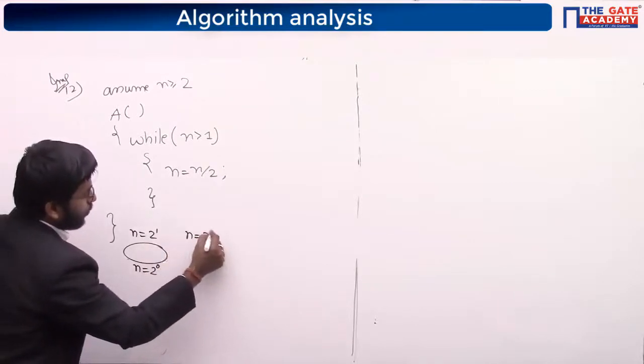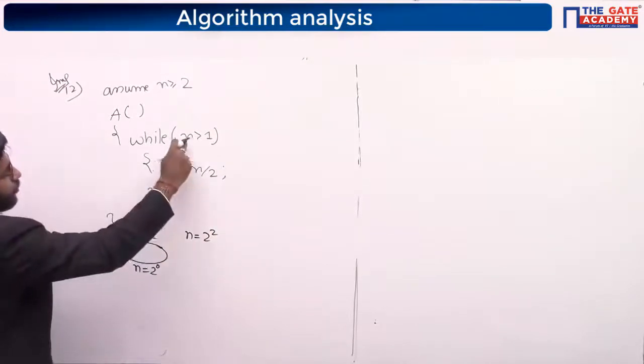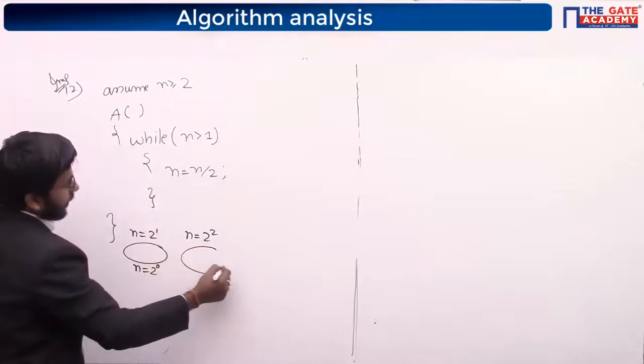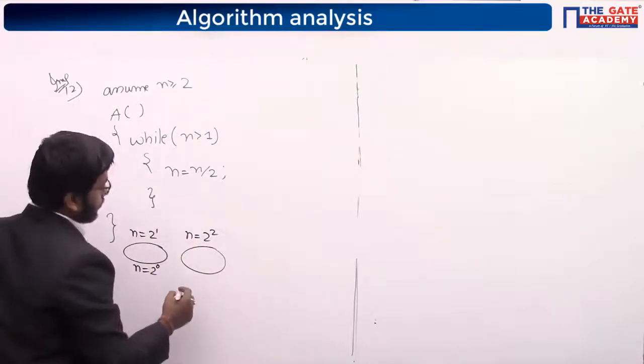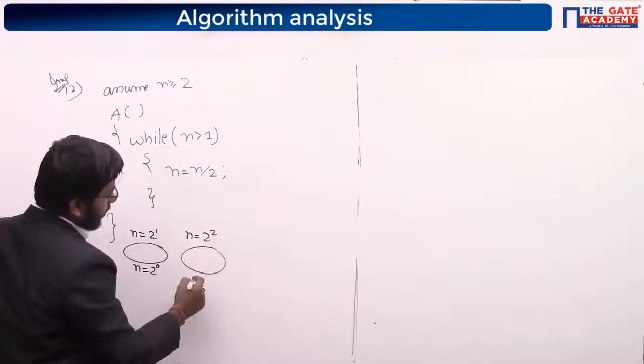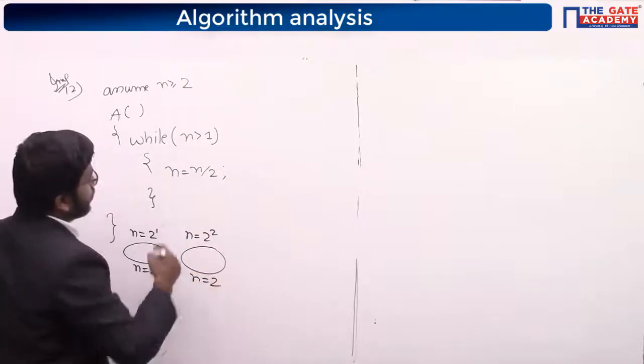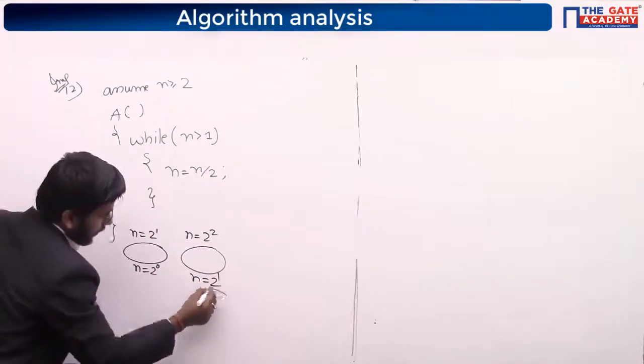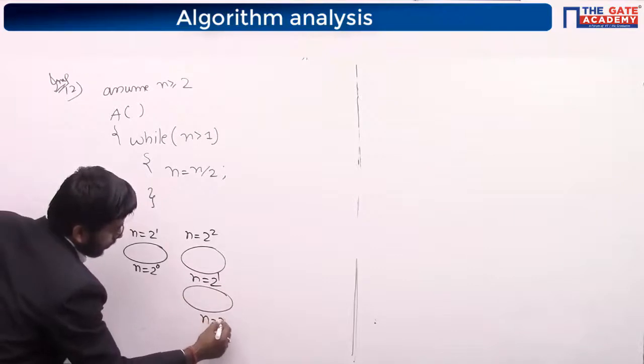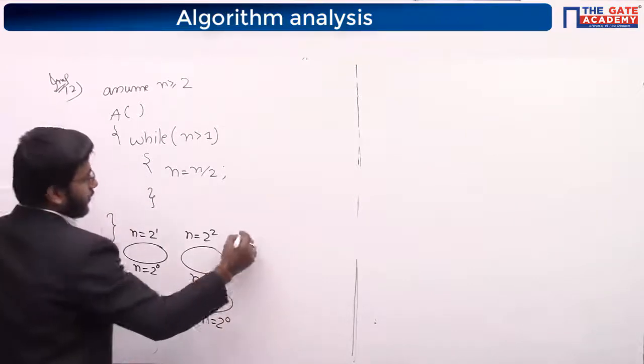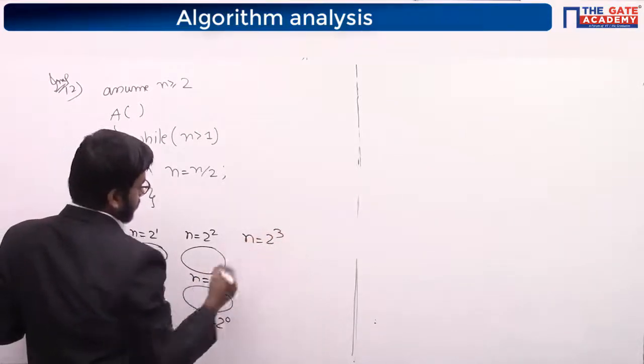Now n is 2 to the power 2. It is greater than 1, gone inside, executed. Now again it is divided by 2, now n is 2, 2 is greater than 1, gone inside. Now n is 2 to the power 0. Similarly, we take n as 2 to the power 3.